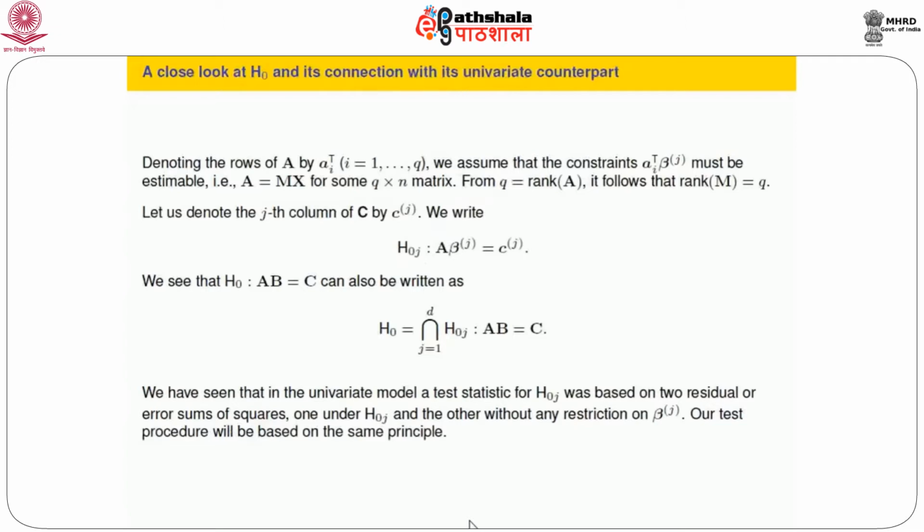Once we did this, we have also seen that for this testing problem one can show technically that the test statistic turns out to be a difference of two residual sums of squares, with the residual sum of squares computed under the null hypothesis and without any restriction on the beta parameter. It's a principle, and we are going to use basically the same thing. So our test procedure will be based on the same principle.